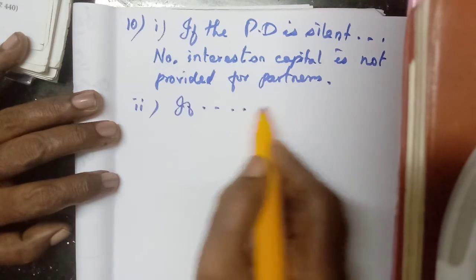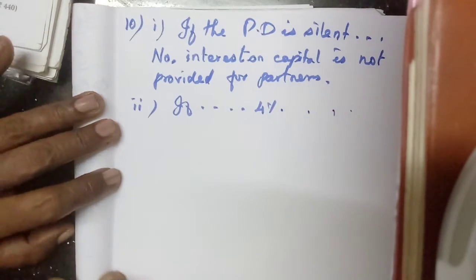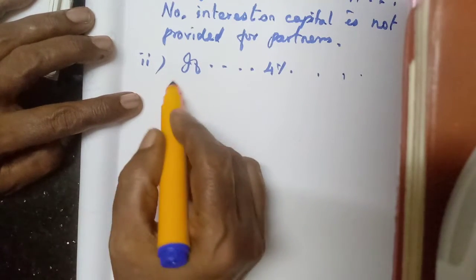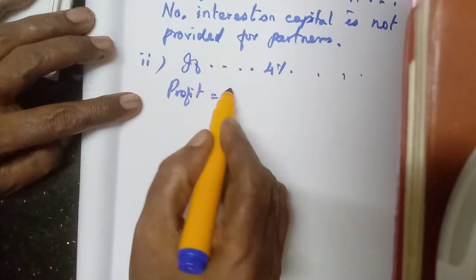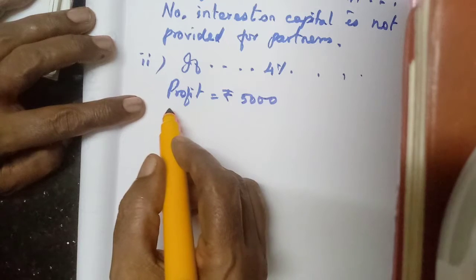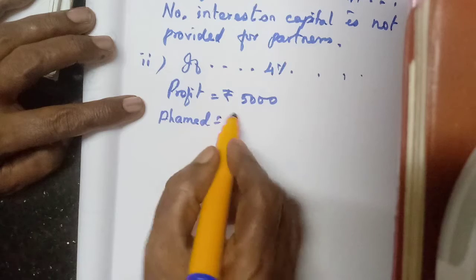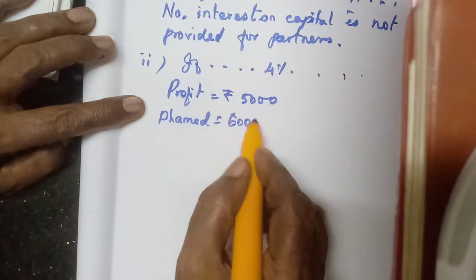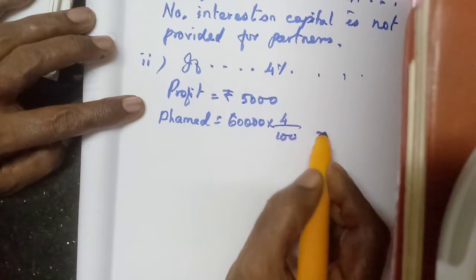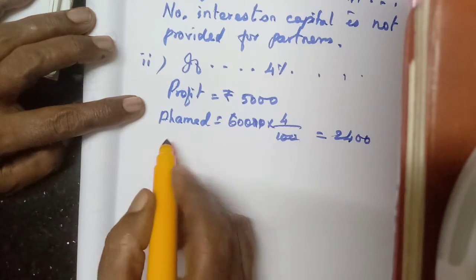If the interest on capital is allowed as per the 4% as per the partnership deed, okay, then we should calculate. Okay, available profit rupees 5,000. Okay, so who is the first partner? Ahmad. What is his capital? 60,000 into rate of interest 4. 20, 4, 6, 24, 20.